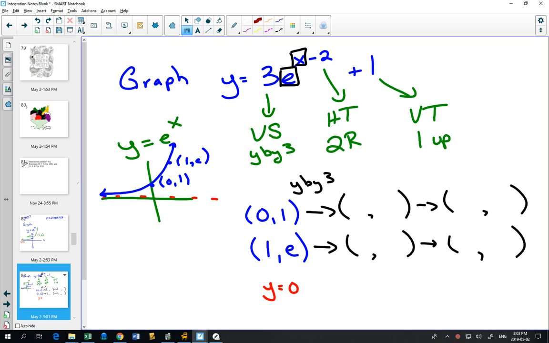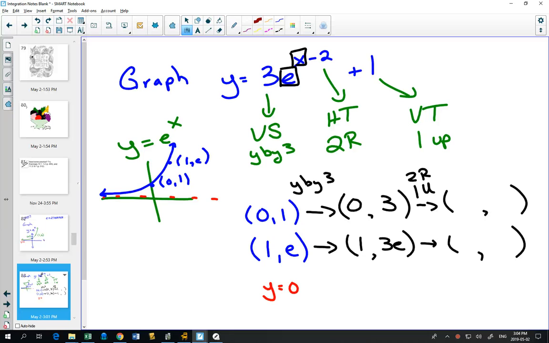We have 2 translations, so we need to go 2 to the right and 1 up. Where are those points going to end up? If you multiply your y value by 3, instead of 0, 1, you will have 0, 3. And instead of 1, e, you have 1, 3e, which is a very hard word to say. You have to kind of pause in between to make sure that you're not just saying 3.